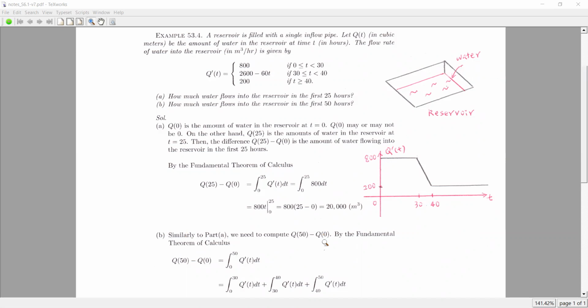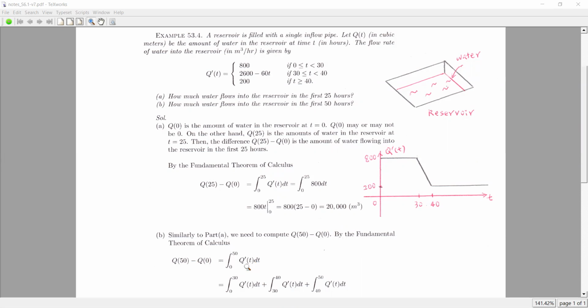Q of 0 is the amount of water in the reservoir when time is 0. The difference is the amount of water that flows into the reservoir in the first 50 hours. By the fundamental theorem of calculus, this difference is equal to this integral.